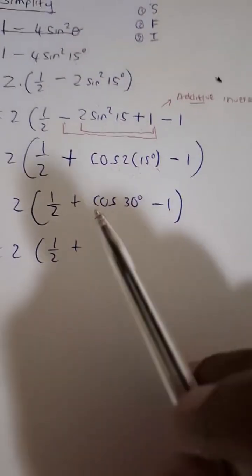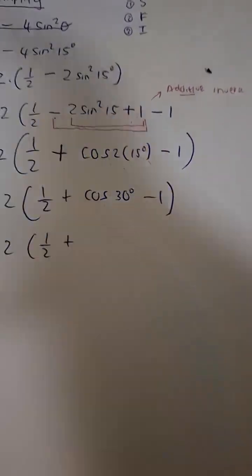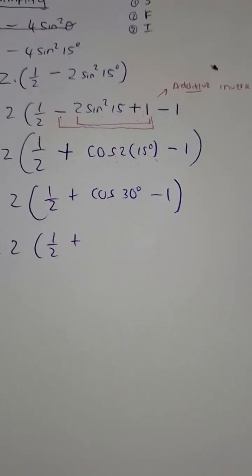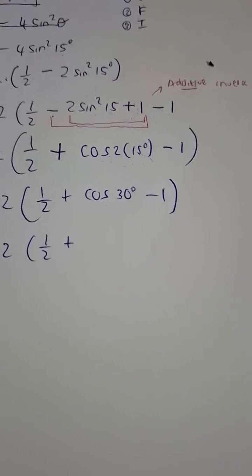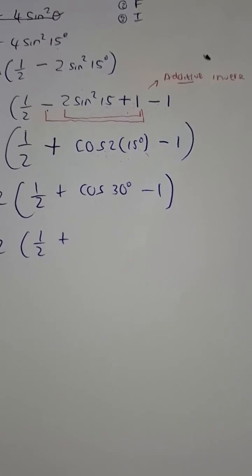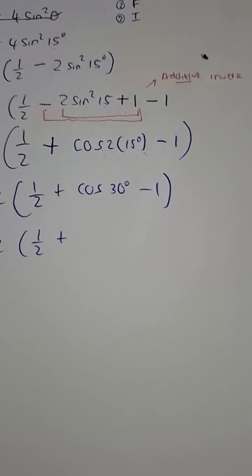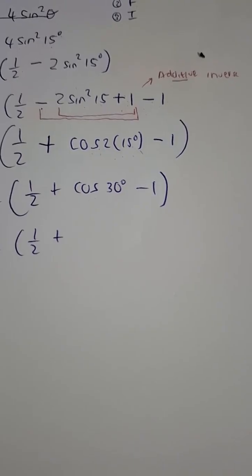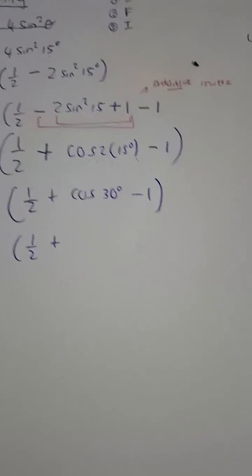Does anyone have their calculator? And can they tell me what cos 30 is? Okay, that's root 3 over 2. At least that's what I can remember.